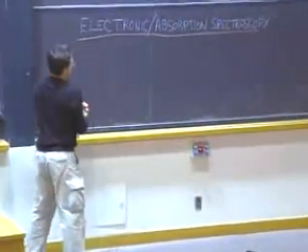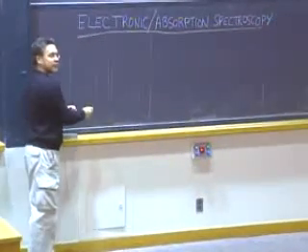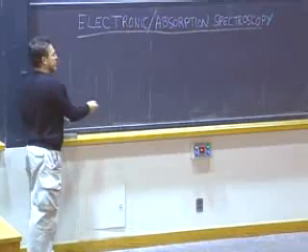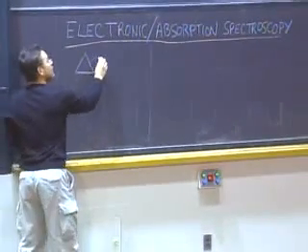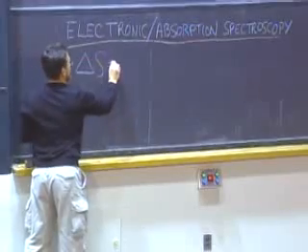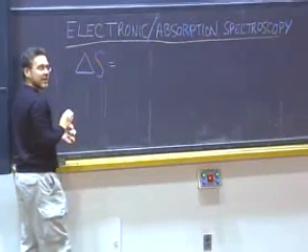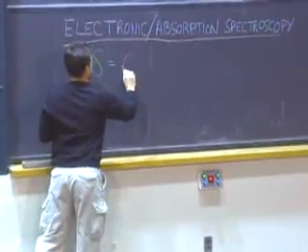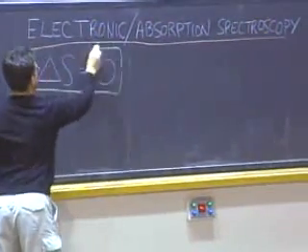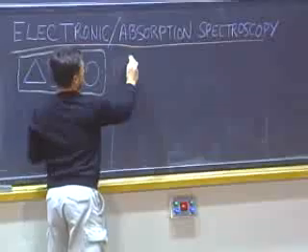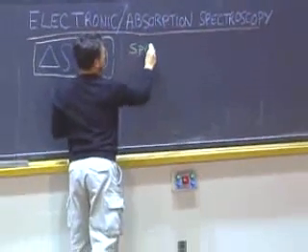And the most important thing I want to impart to you here is a selection rule wherein delta S is equal to 0. Okay. This is the spin selection rule.